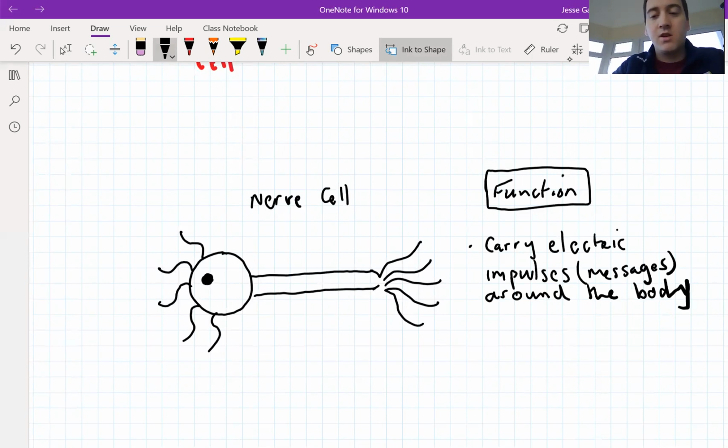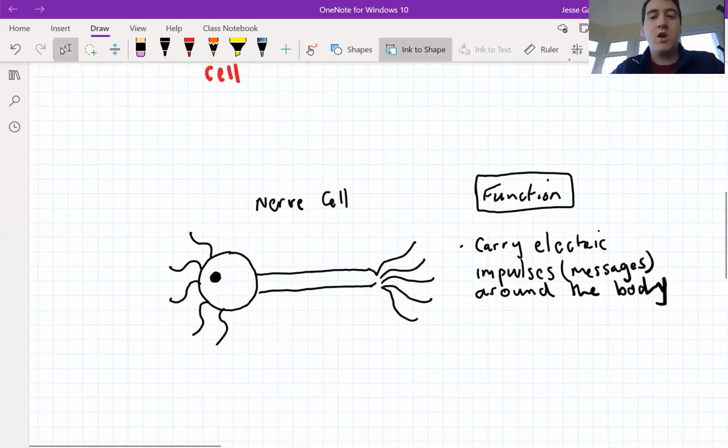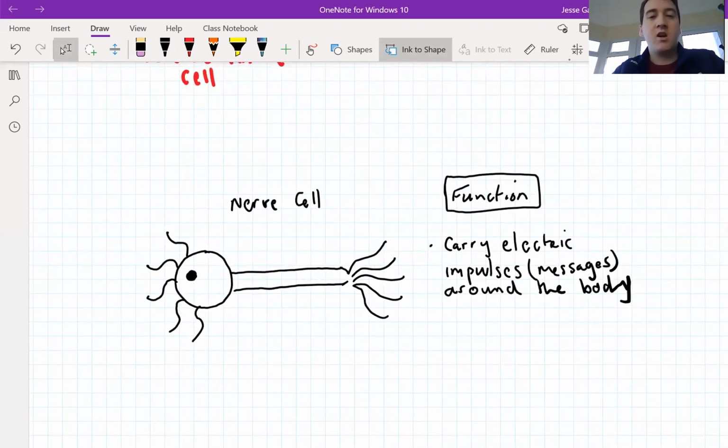Now, these electric messages have to be able to move around the body really, really fast. They're the way different parts of our body can communicate with other parts of the body. So your brain can communicate with your muscles to tell them to move, for example.